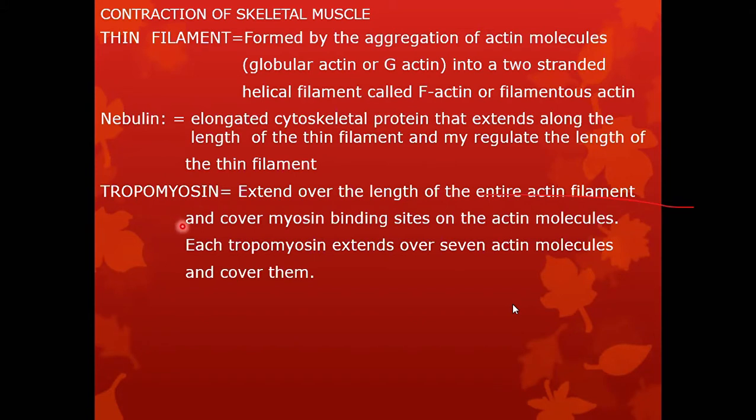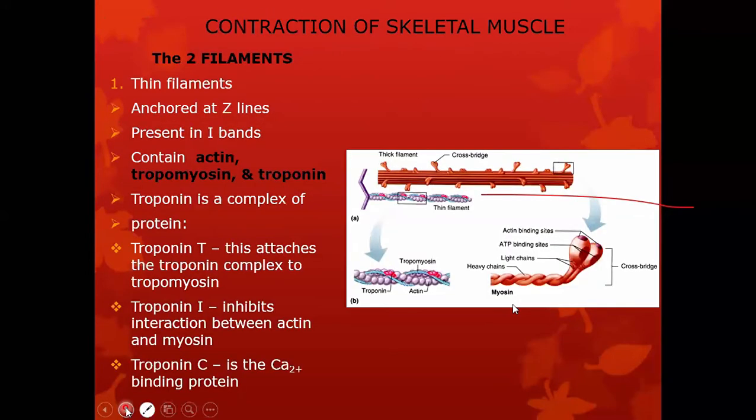Each tropomyosin extends over around 7 actin molecules and covers them. The thin filaments are anchored at the Z lines and present in the I bands. They contain actin, tropomyosin, and troponin.